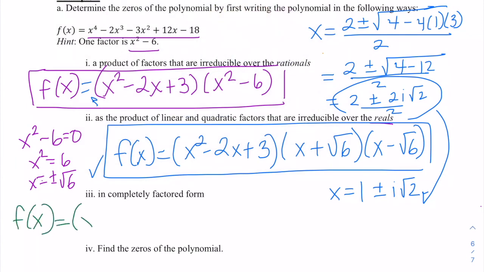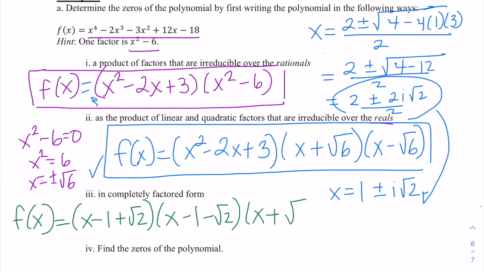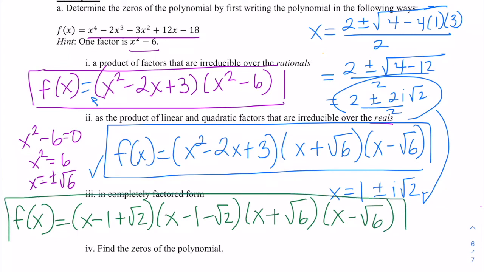It's going to be x minus (1 plus i root 2), and then x minus (1 minus i root 2). And then we have the radicals, x plus root 6, x minus root 6. So that is completely factored form, or linear factorization, right?